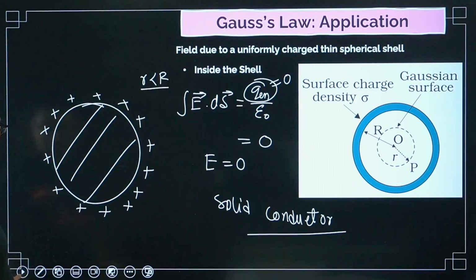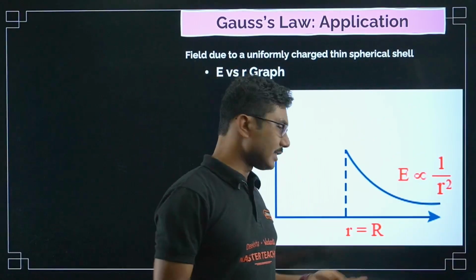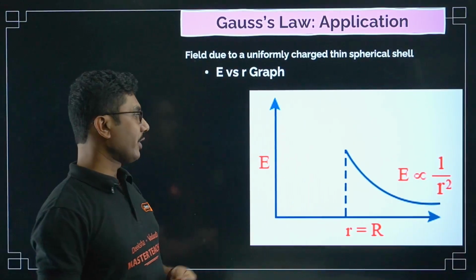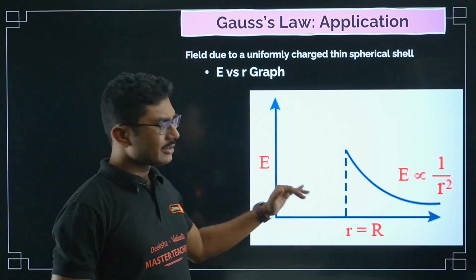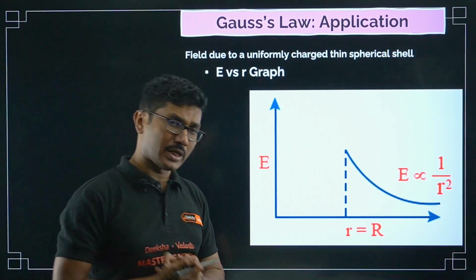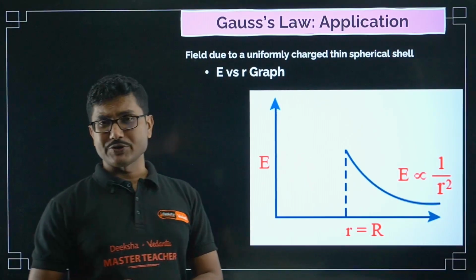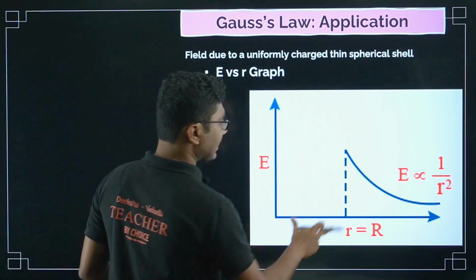Okay, remember that. Now, if you plot the graph of electric field versus distance, the graph will be like this. Based on this graph, we have seen a lot of questions in KCET. Not only once, more than once, this graph based question came. So why is there no line here?